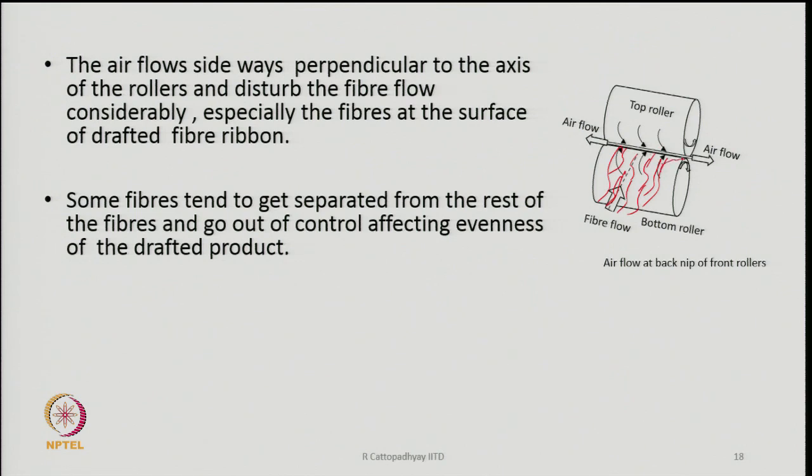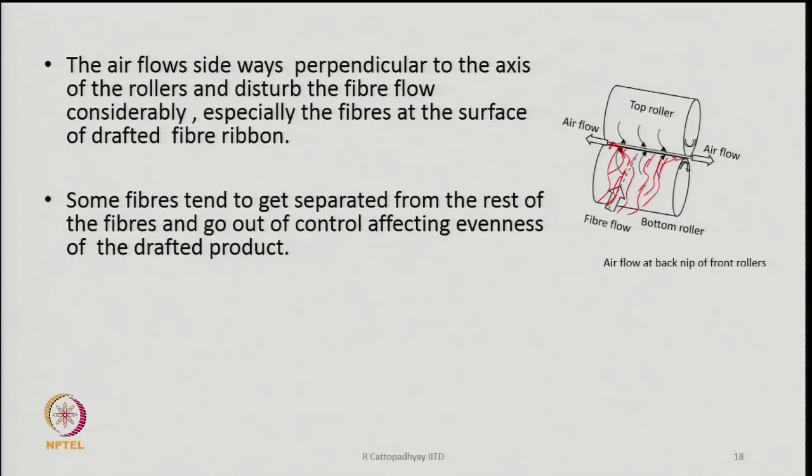So, some fibers will bend a bit from the straight line path. The drafted fleece is going to widen because of this air current behind the nip of the two rollers, and hence the spinning triangle is going to widen.